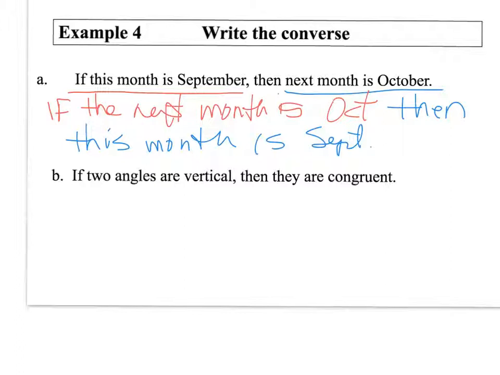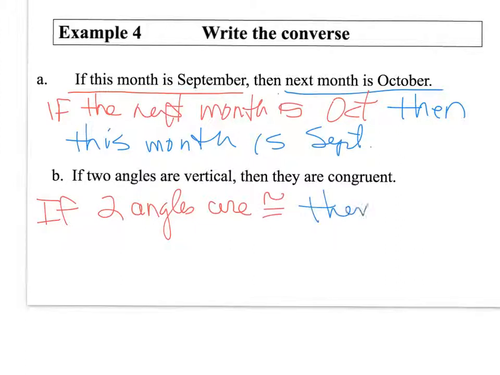If two angles are vertical, then they are congruent. We've been talking about vertical angles forever, it seems like. We must have said that thousands of times. So now we're going to say the converse. If two angles, because it has to be two angles, are congruent, and I'm going to use the symbol for congruent instead of writing it out, then the angles are vertical.